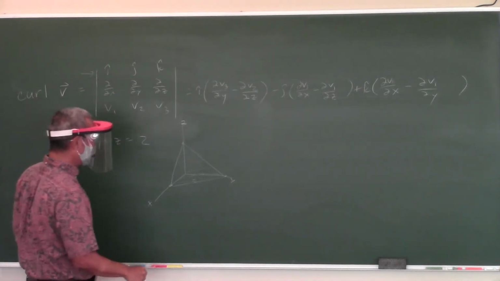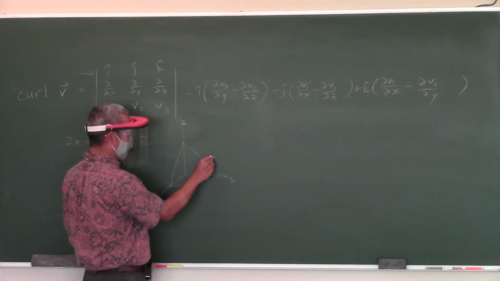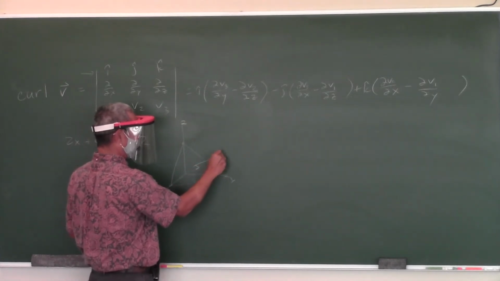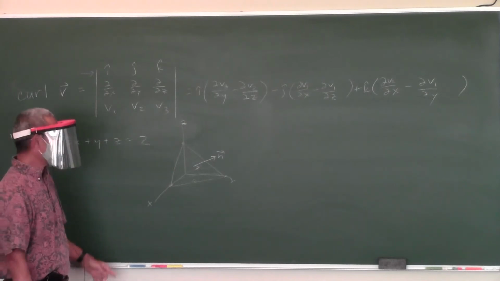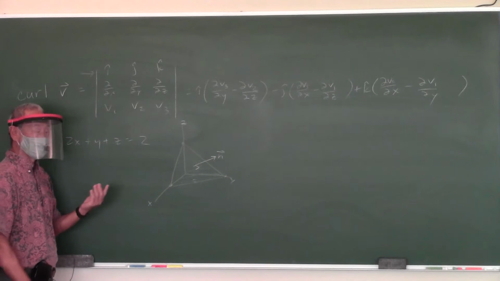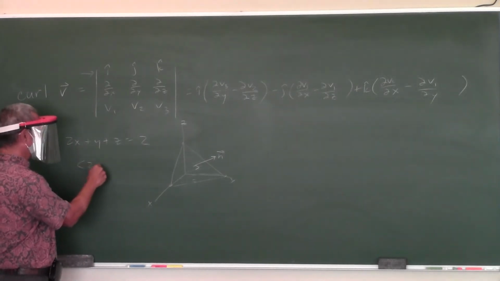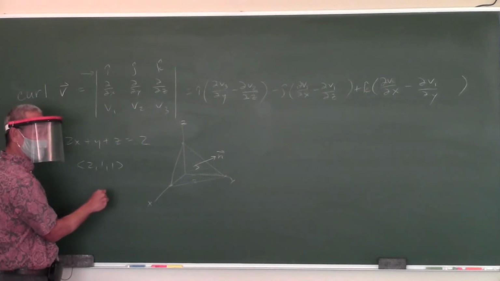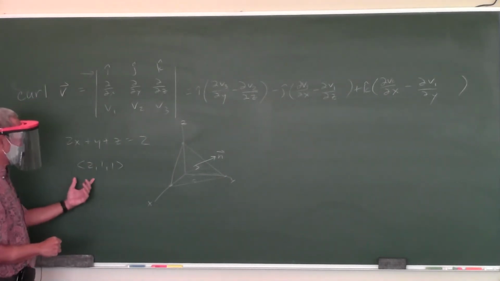So the upper unit normal would be a vector that's perpendicular to this plane, like that. And it has to be a unit vector. If this is the equation of the plane, then what's the perpendicular vector? 2, 1, 1, right? But we need it to be a unit vector, so what is the length of this vector?